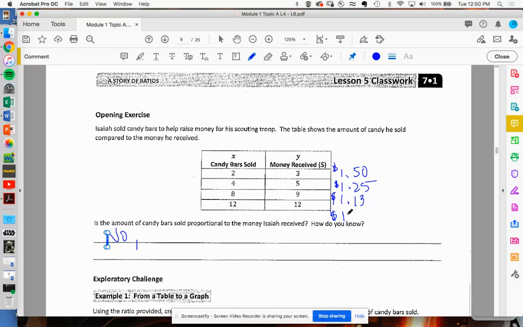Normally it's like, hey, you buy 1 candy bar, $1. Buy 10 candy bars, that's $10. Buy 100 candy bars, that's $100. They don't give you a break on the price, but Isaiah does. The more you buy, the more you can save per candy bar.